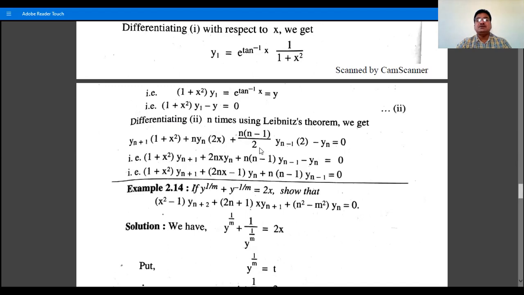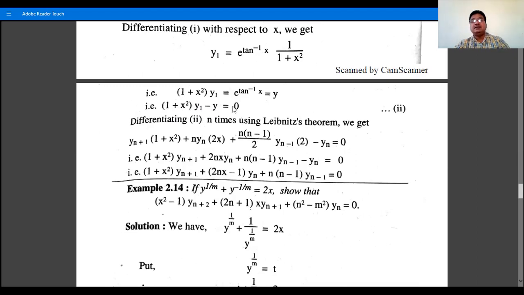Then n(n minus 1) by 2, that is the nc2 value. Then the derivative of y1 of n minus 2 order is yn minus 1, and the derivative v2, the second order derivative of 1 plus x square, is 2. And the remaining terms are 0.